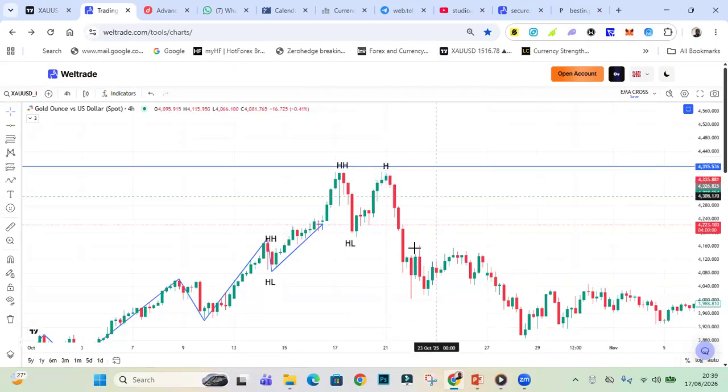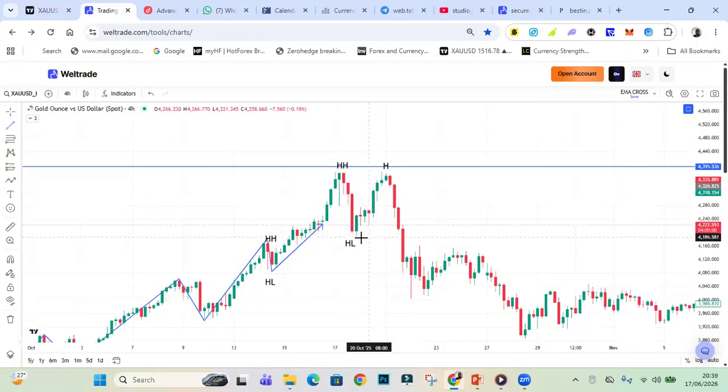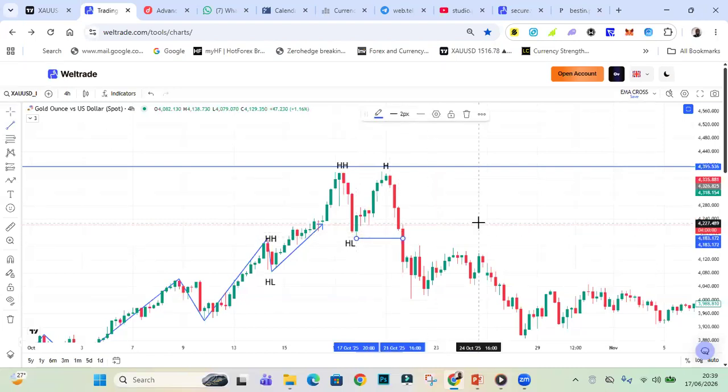Okay, so now this was the previous higher low, but something has happened here. There was a break of this low. For this to happen means the market is about to change direction.